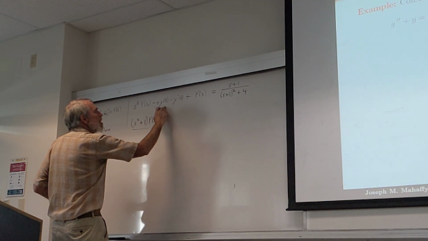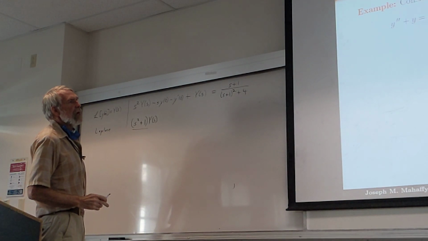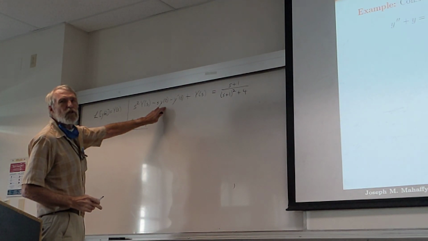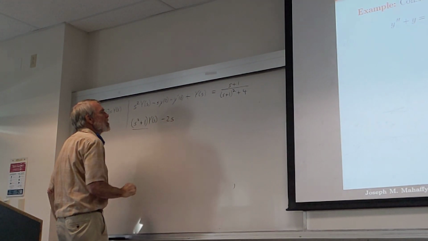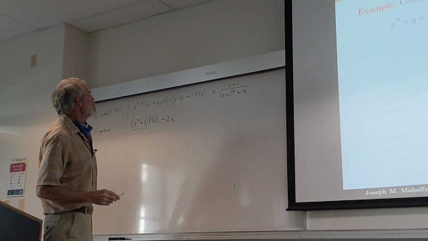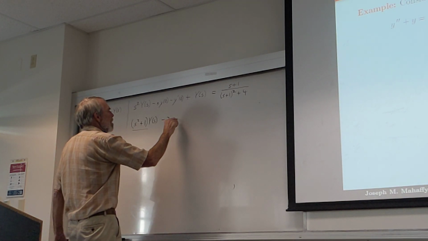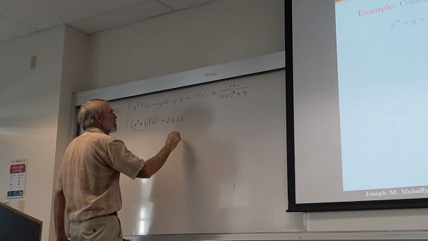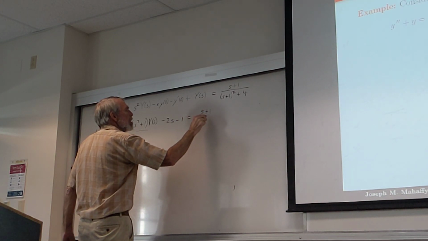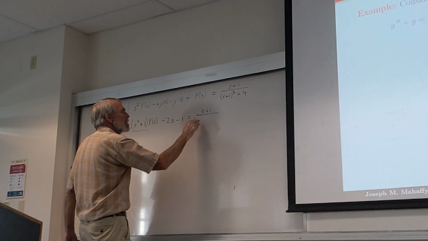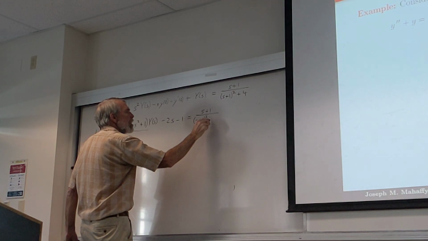Then this minus s is just going to be a minus 2s, so we're going to get minus 2s. Y prime is 1, so we're going to get minus 1 equals this s plus 1 all divided by the quantity s plus 1, squared, plus 4.